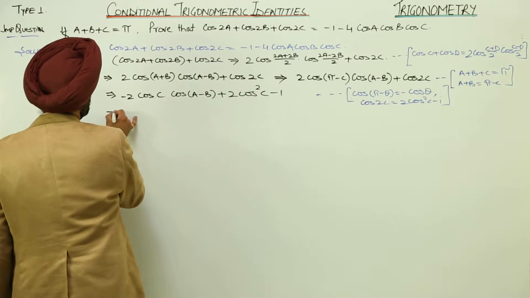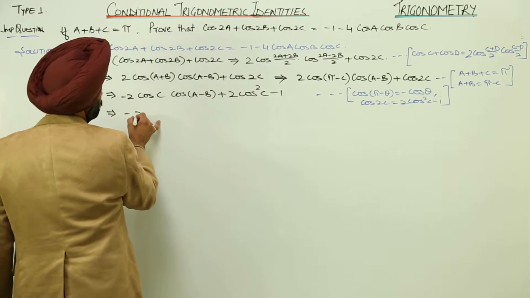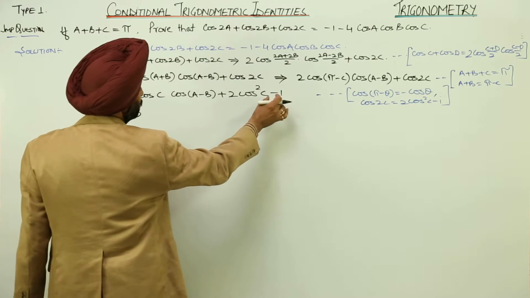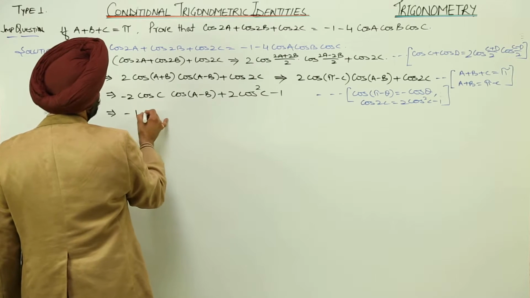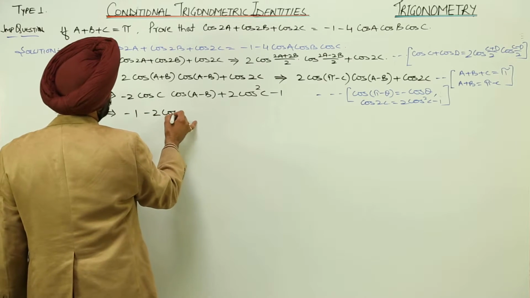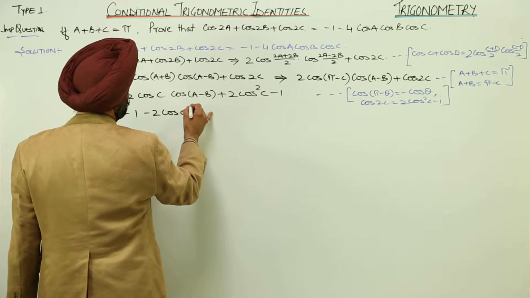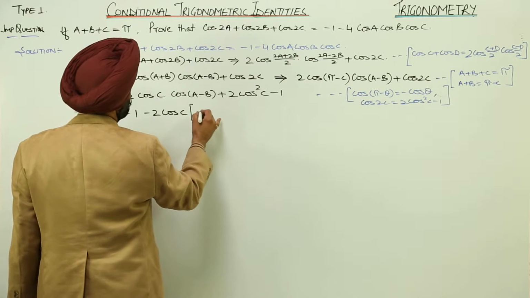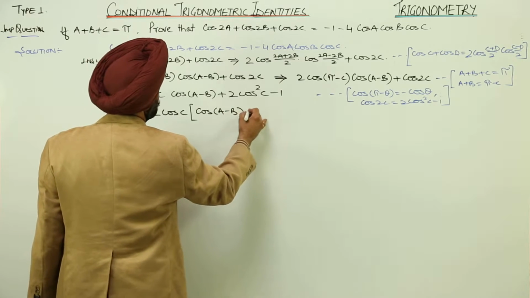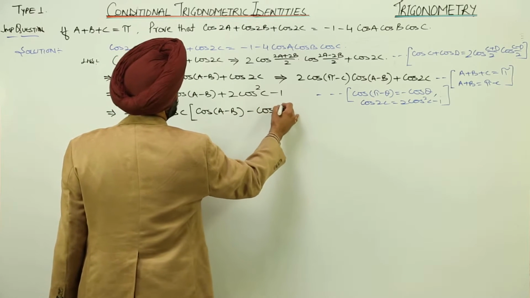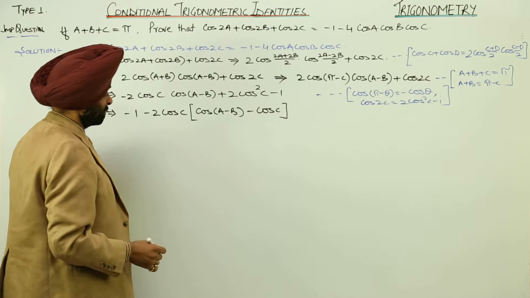Now this becomes negative of, let me write this negative of 1 first, okay? So this becomes negative of 1, negative of 2 cos C. Now taking negative of 2 cos C common, we have cos (A minus B) minus cos C, okay?